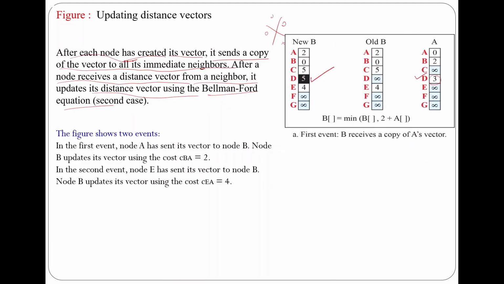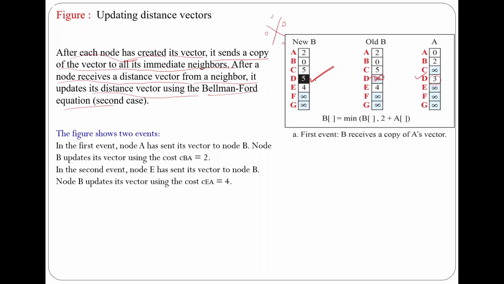You can observe here that before it was infinity. During the first half, after it gets updated with the new value, that infinity is replaced with 5. To reach from B to A, there are two paths available. One is through BAD, another is BA, where some other node is there. Among them, one is 9 and the other is 5.